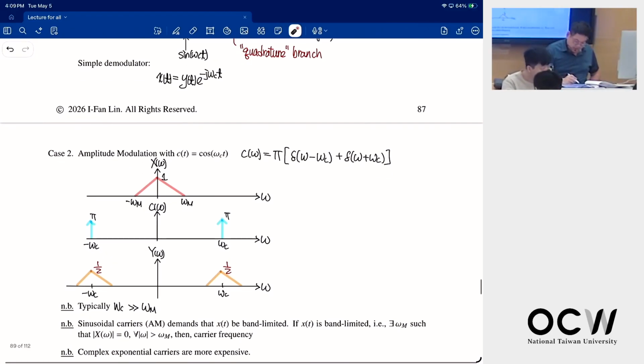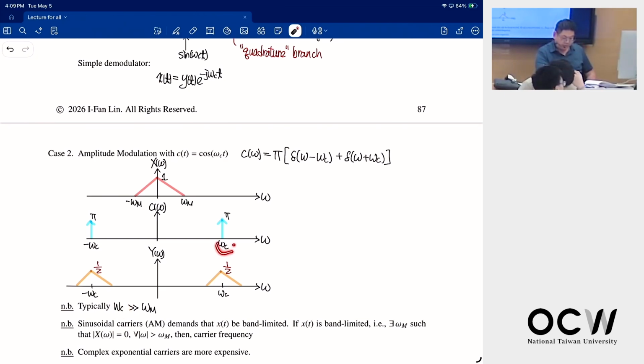So for this AM, we have to restrict that the signal X is band limited. If it is not band limited, then we cannot get a carrier frequency that's higher than the bandwidth.